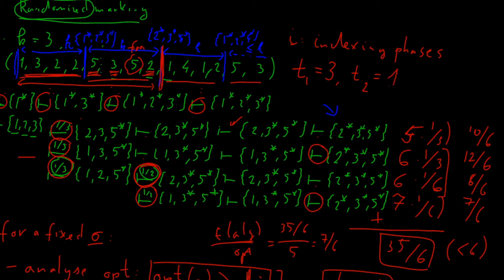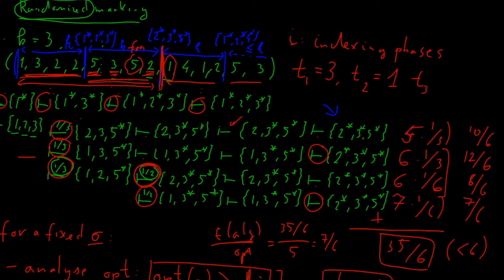Of course, each element is counted once, so this Ti is always a value between 1 and k. Of course, the very first request of a phase is always a new element, so Ti is always at least 1. So for example this one here is a new element because it didn't occur in the previous phase.